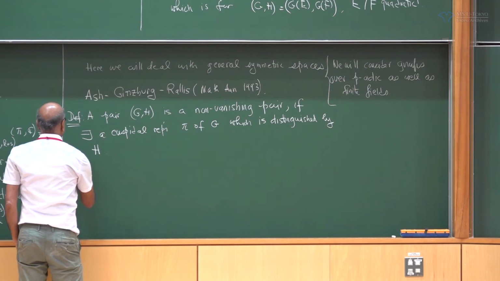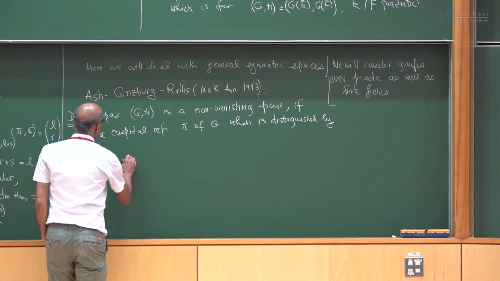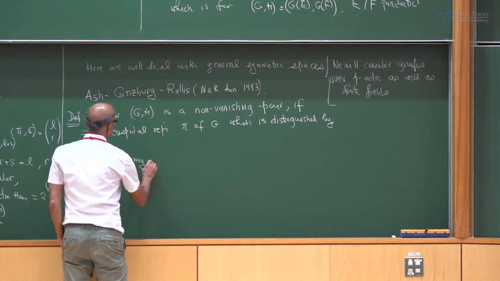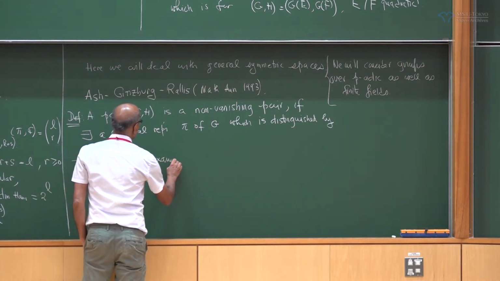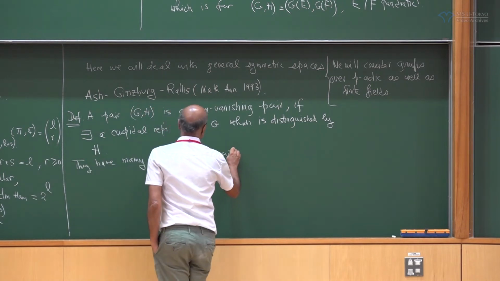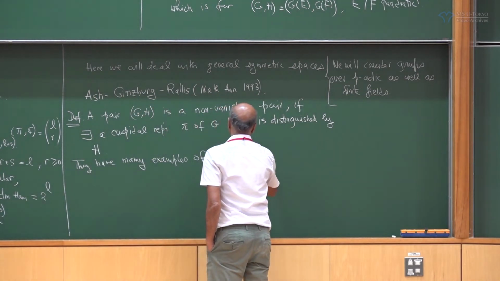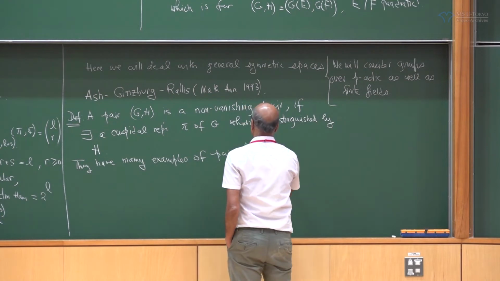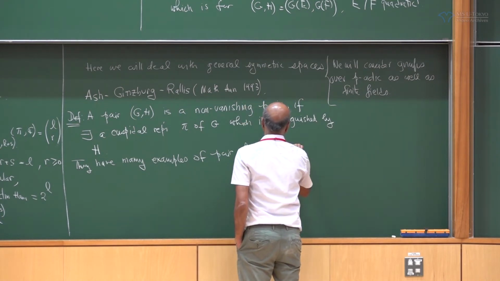and they have many examples of pairs which are vanishing pairs.